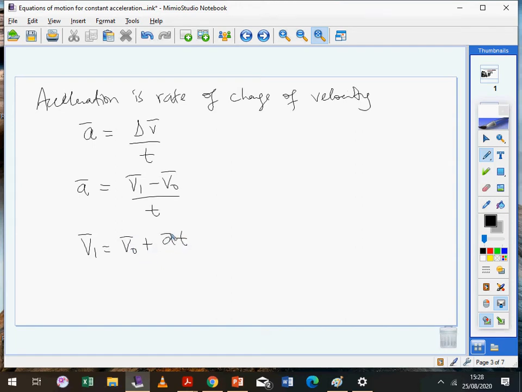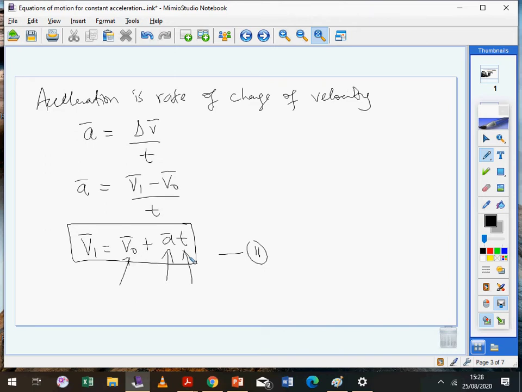Again, this is looking very similar to the previous one, and it's the second equation, where if I know an object's initial velocity, if I know its acceleration, and I know how long it traveled for, I can use that information to find its final velocity. Or if I know the final velocity and the time, I can find its initial velocity. We'll do practice examples about these things in a little bit.